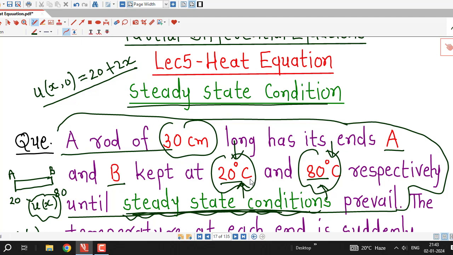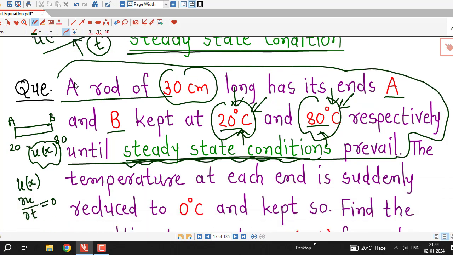Suppose I take x equal to 0 here, then I obtain u equal to 20. If I take x equal to 30, then I have 20 plus 2 into 30, that is 60, and 60 plus 20 is 80. So this is the situation before the unsteady state starts. This is at time t equal to 0, and that is our initial condition.